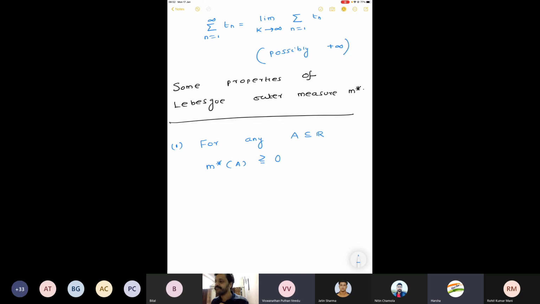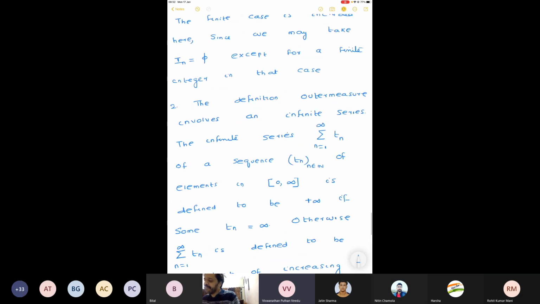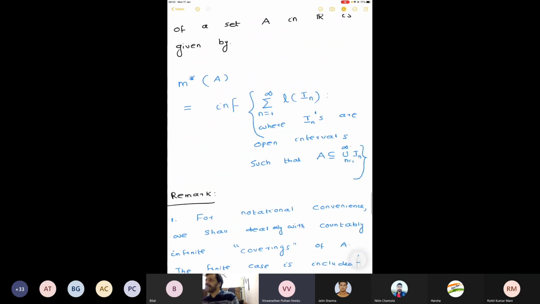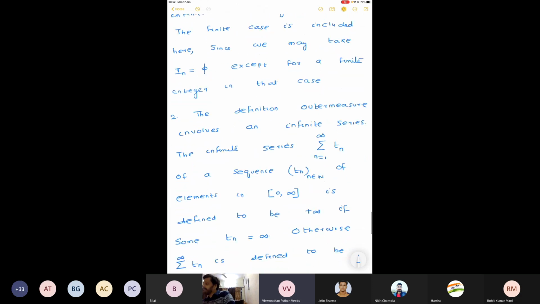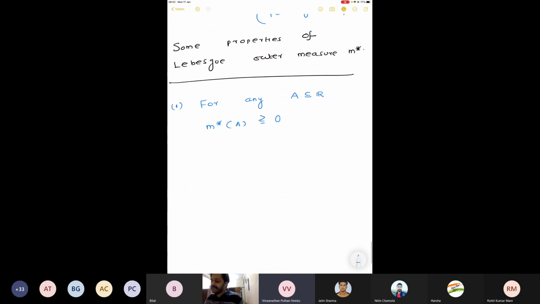I don't think I have to give a proof for it, right? Because it is the infimum of non-negative real numbers. This summation will be non-negative because each length of I_n is non-negative. Okay, possibly infinity.